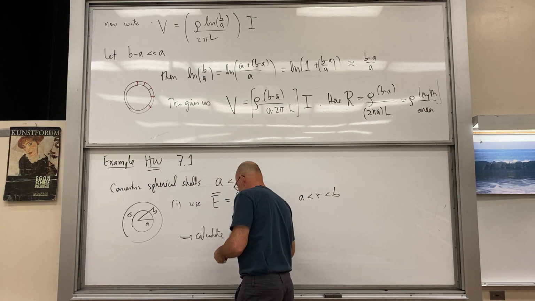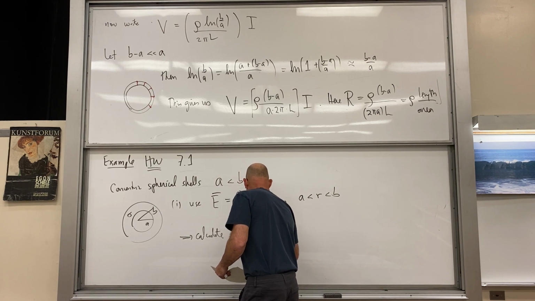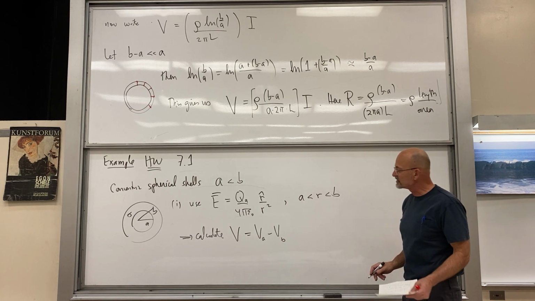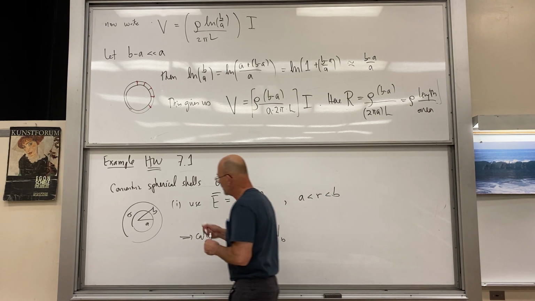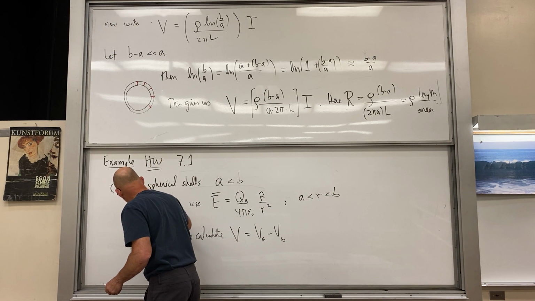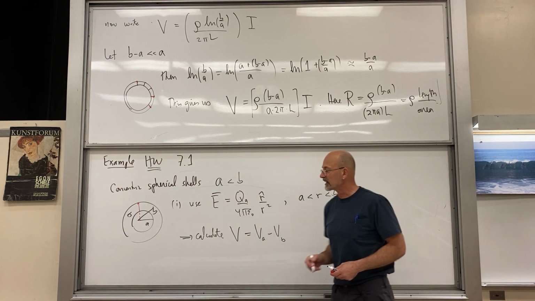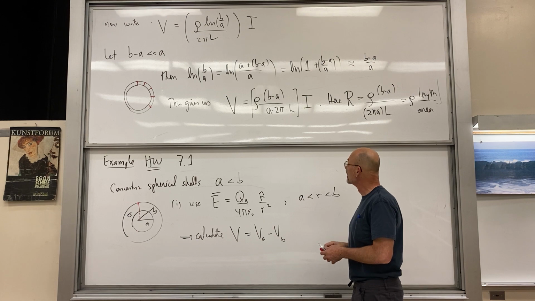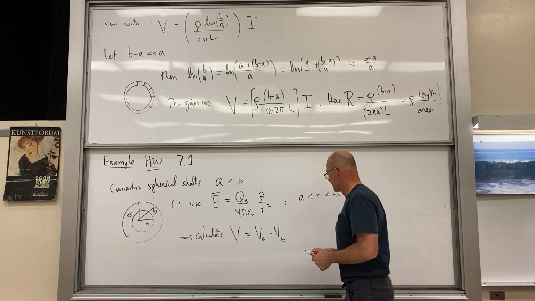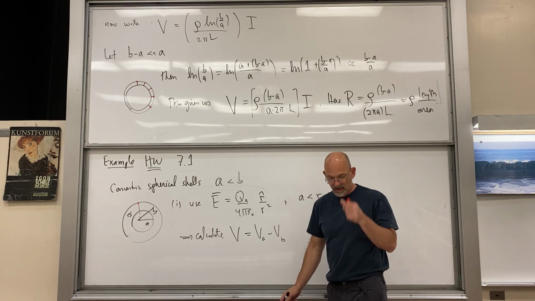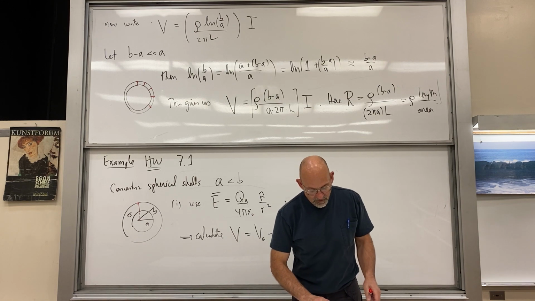V_A minus V_B. That's just a line integral, radial this time. Just like the one we did, V_A minus V_B. What next?